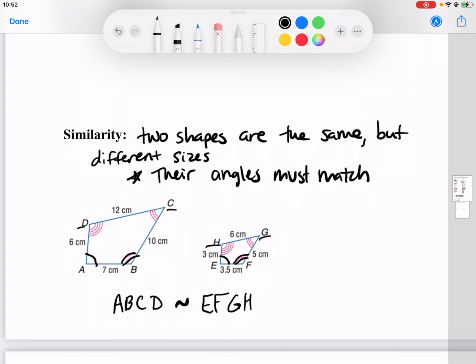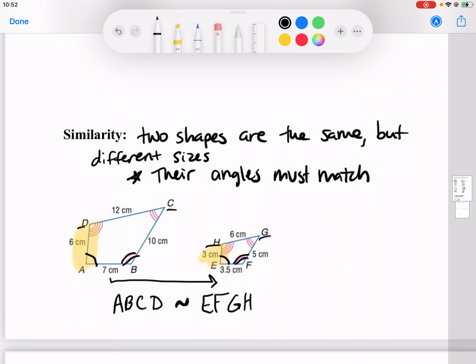Now, we need to find scale factors, and that's what we're going to be doing next. It depends on which direction you're going. If I tell you to go from this big one to the small one, you find corresponding sides that are similar to each other, just different sizes. So this goes from 6 to 3.